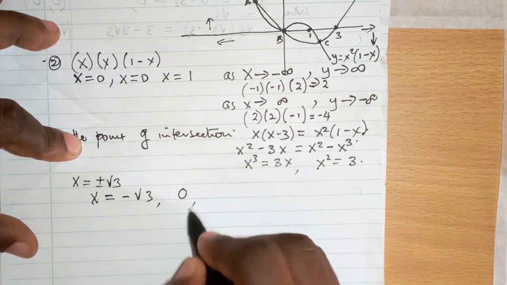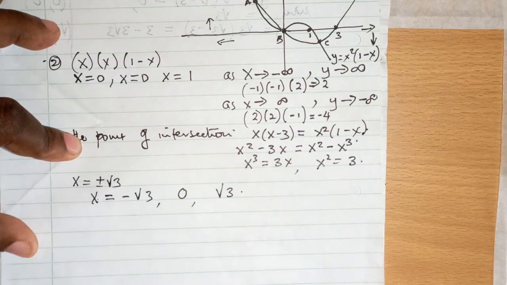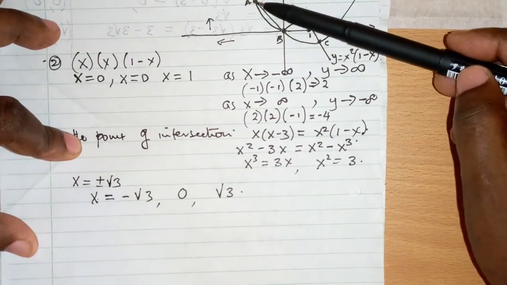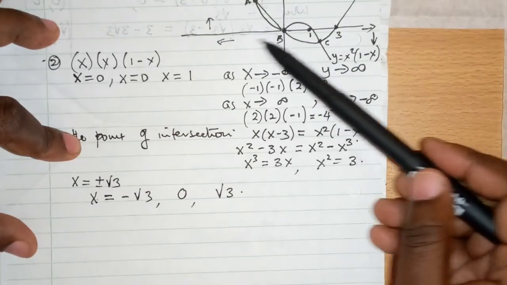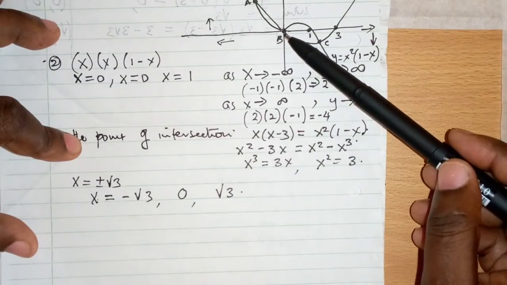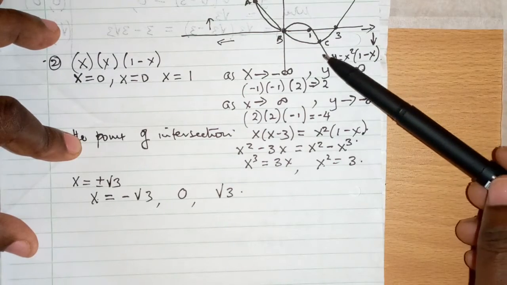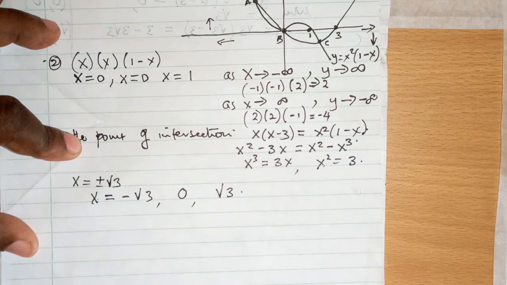It can be equal to 0. It can be equal to positive root 3, as you can see highlighted. And sure enough, this point represents the negative value of x. You can see where it is. It's on the negative side. This point is the origin, so it represents when x is 0, and this point represents the positive part of the intersection.